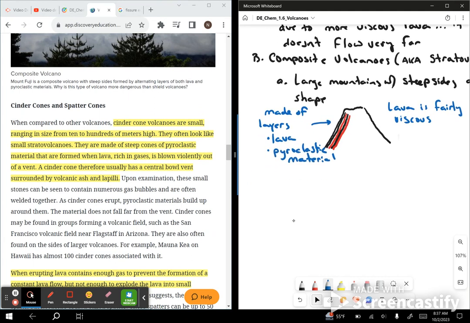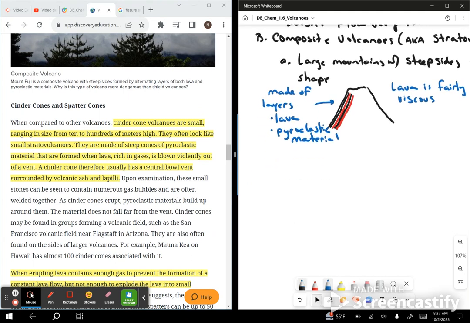This will be letter C. This is going to be your cinder cones and spatter cones. Okay. When compared to other volcanoes, cinder cones are small. Right?